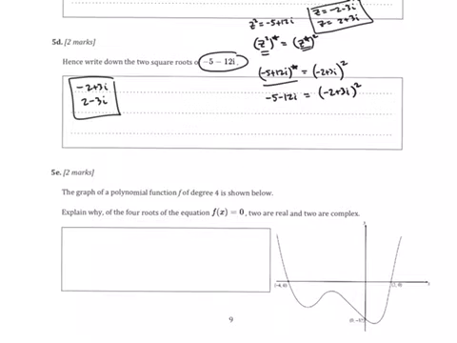Now the other way around, instead of doing this substitution, I could have done this substitution, which would mean that the other root for negative 5 minus 12i would be negative 2 plus 3i.